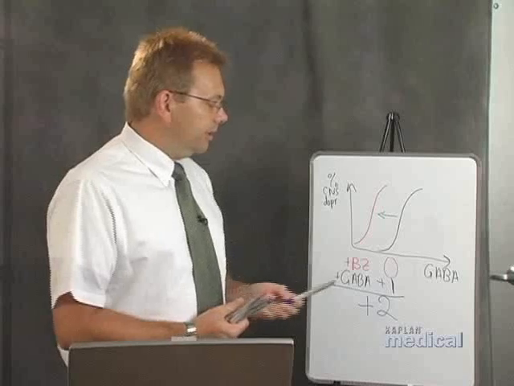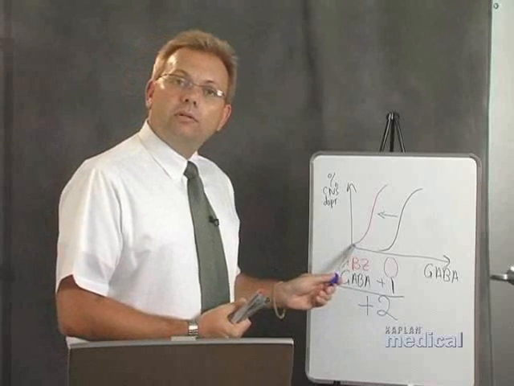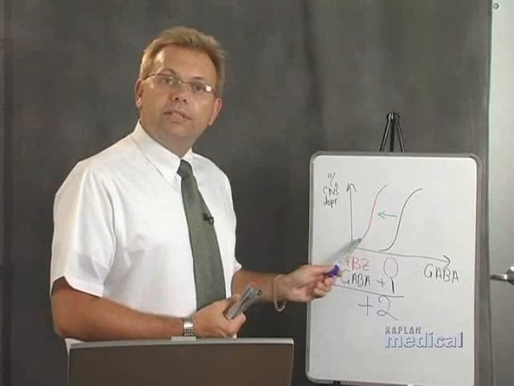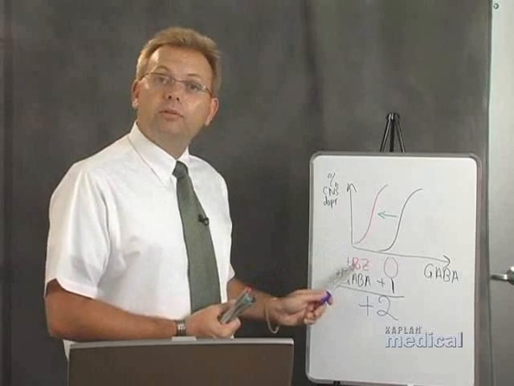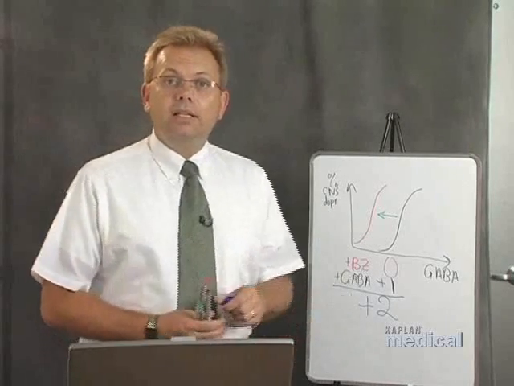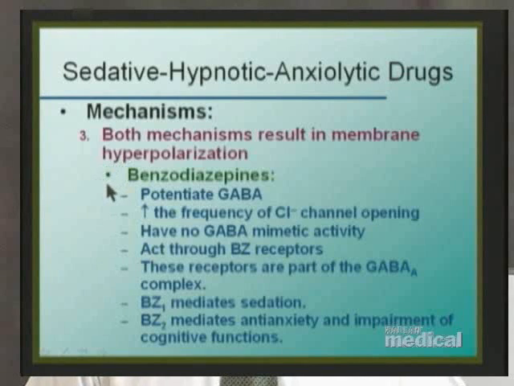Now keep in mind the key point here. A benzo alone really does not open the ion channel for chloride. It requires the presence of GABA to do its job. This is why, if you look back at your text, when we say benzodiazepines potentiate GABA, what they achieve is to allow GABA to bind more often.